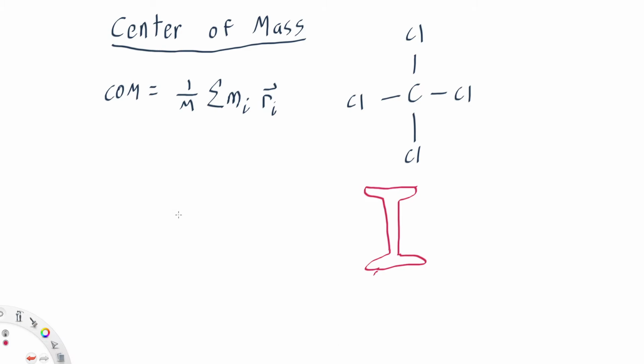Also pretend that I can draw an I-beam. So for a continuous mass distribution, we can do the same thing, but we can write it in terms of an integral. So we can write down an integral in some way that catches all of the mass and then divide by the total mass.